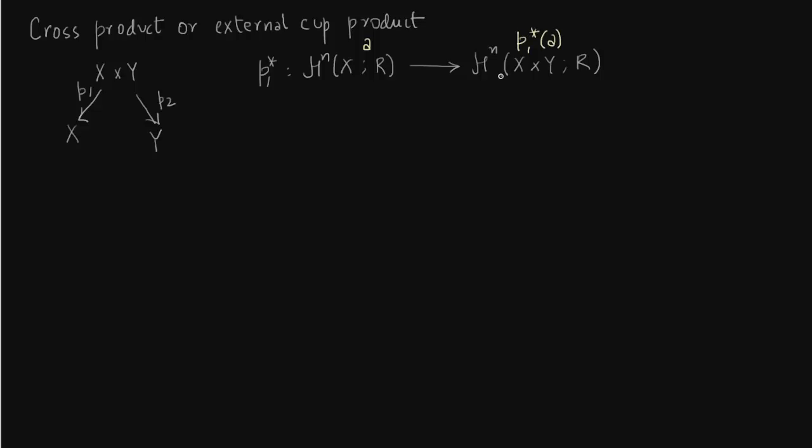So element a gets mapped to P1 star a. Similarly, we have P2 star, reversing the arrows on the left. So now we are going from Y to X cross Y. Again, element b gets mapped to P2 star b.